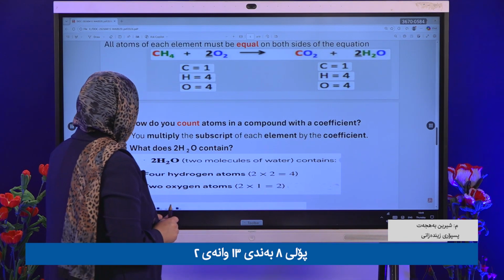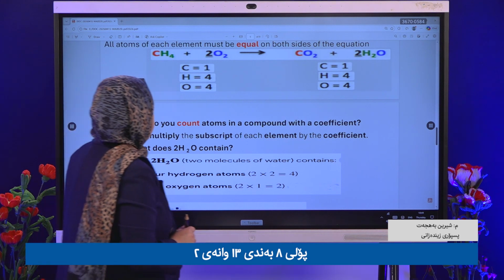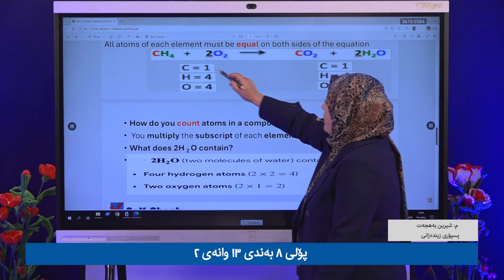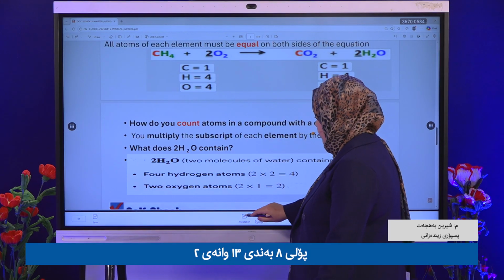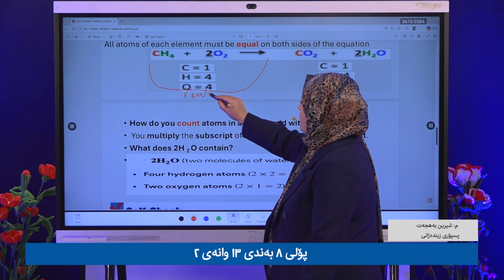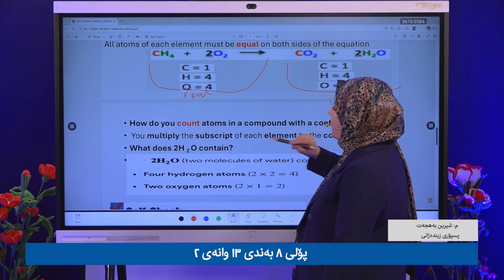For example, we have CH4, which is methane gas, reacting with oxygen to form something. This part is called the reactants, and this part the products.